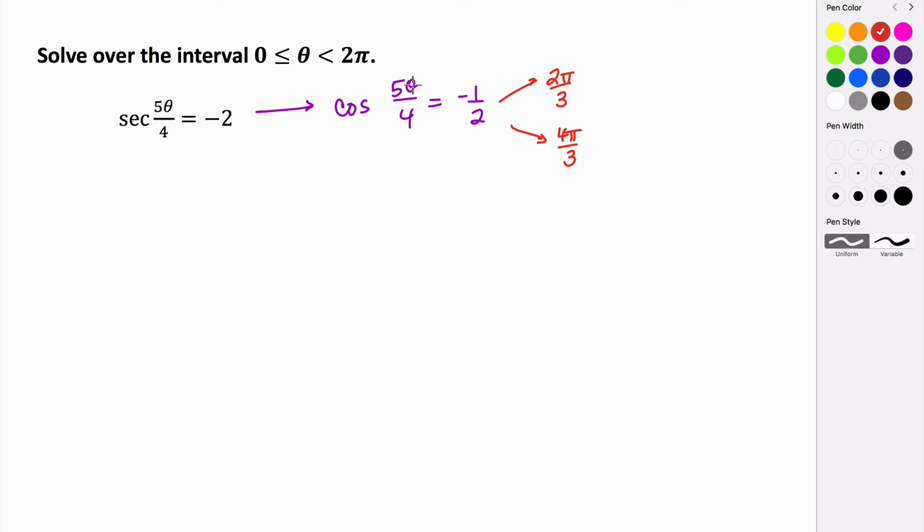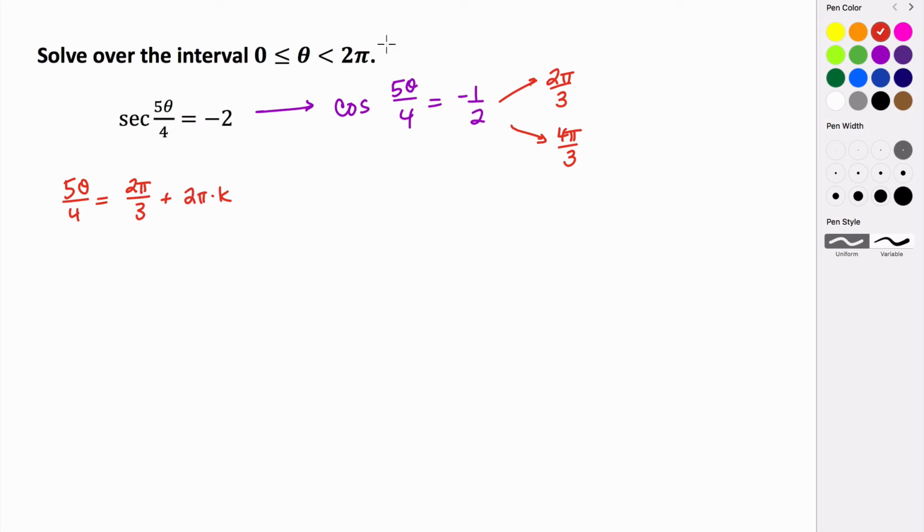Because this 5 theta over 4 is here, we have to set up an equation like this. We say 5 theta over 4 equals 2 pi over 3, but then we also have to add rotations around the unit circle, so 2 pi times k. The reason we add full rotations is that 5 theta over 4 affects the number of cycles that happen between 0 and 2 pi.